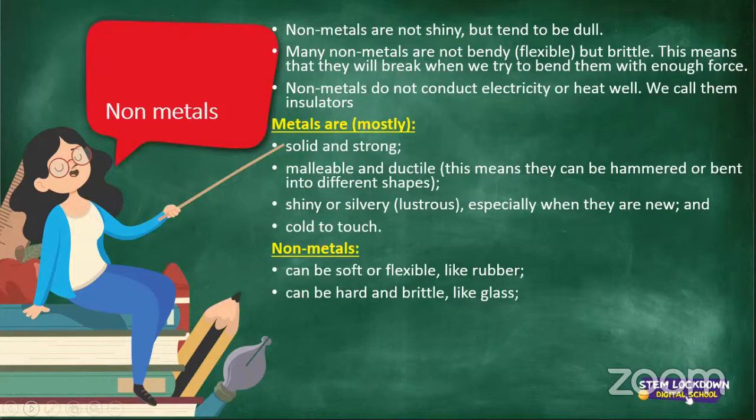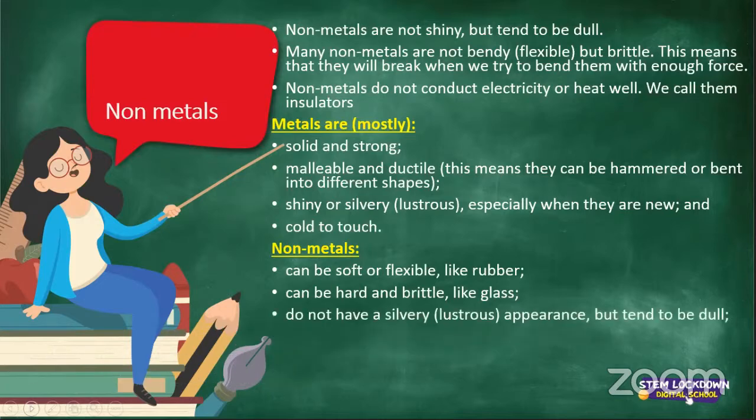Now, an example of a non-metal that's hard and brittle is glass. So in your test, they can ask you to give an example of a non-metal that is soft and an example of a non-metal that is hard. So then you're going to say non-metals that are soft, for example, rubber, and a non-metal that is hard is glass.